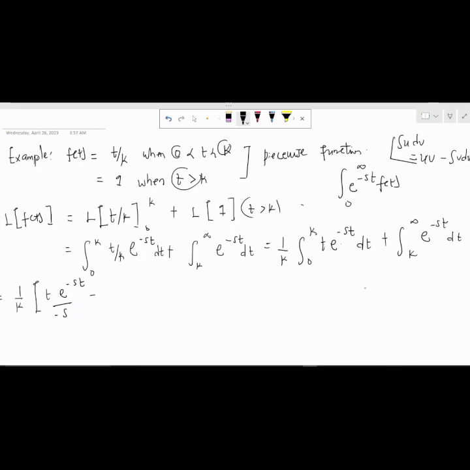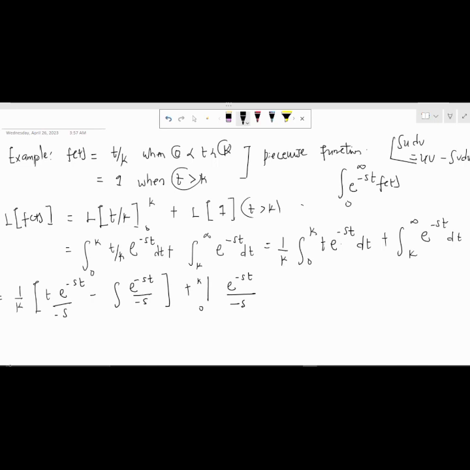Then we have minus the integral of e raised to the power minus st over minus s, which is our v, and our du is the differential of t, which is 1. So we have this here. Then plus the integral of this, which is straightforward, so we have our boundary here 0 to k. We have e raised to the power minus st all over minus s.